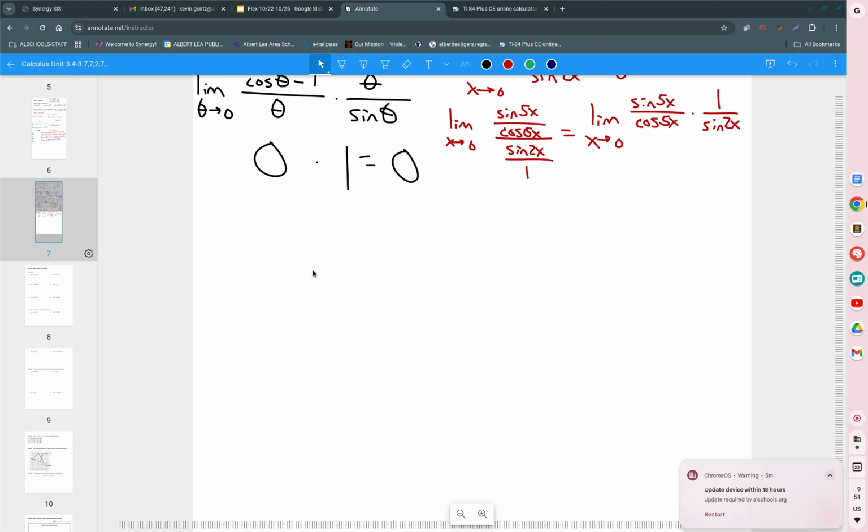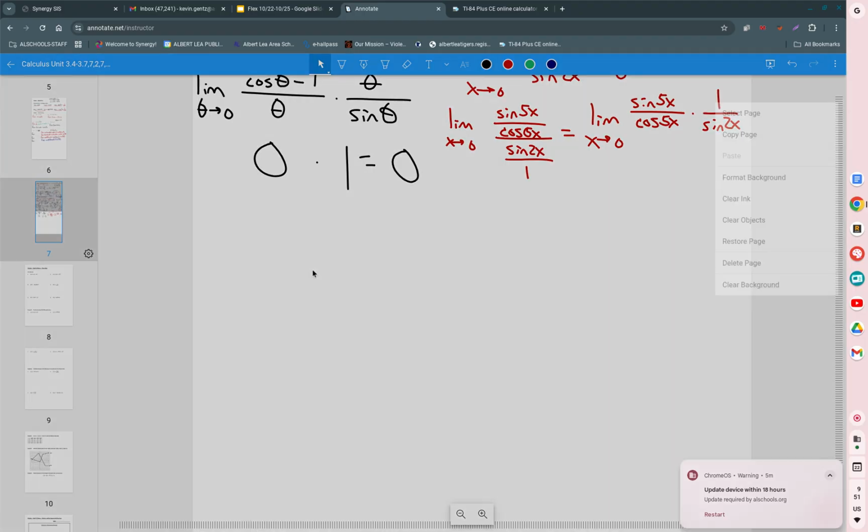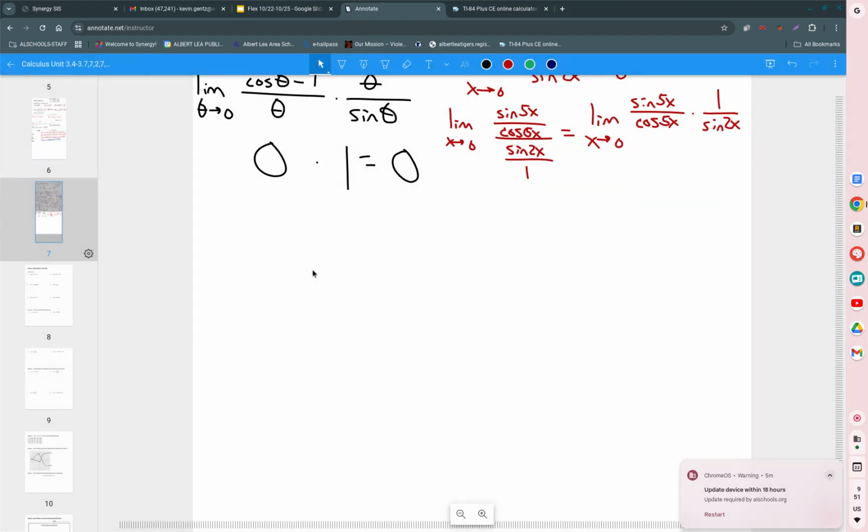What I would like to see is, instead of a 1 over the sine of 2x, what would I like to see in the numerator instead? A 2x. I'd like to see a 2x, right? And what if instead of sine of 5x over cosine of 5x, what if I had sine of 5x over 5x?